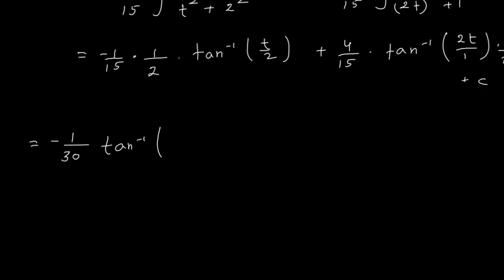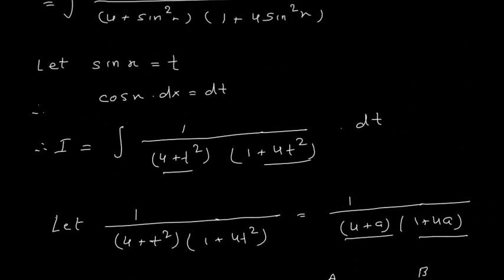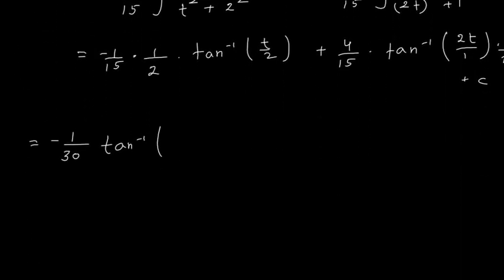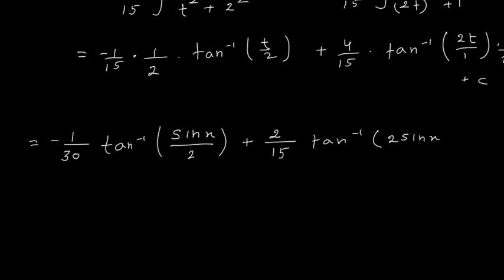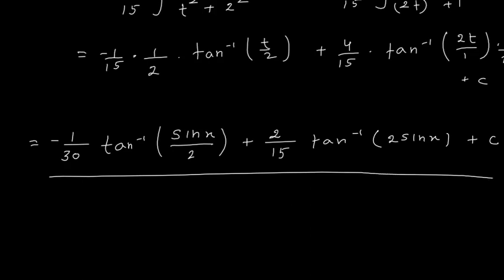Now what is the value of t? We have replaced sin x with t, so this is tan inverse of sin x upon 2, plus here it is 2 upon 15 into tan inverse 2t, which means tan inverse of 2 sin x, plus constant of integration c. This is the value of I.